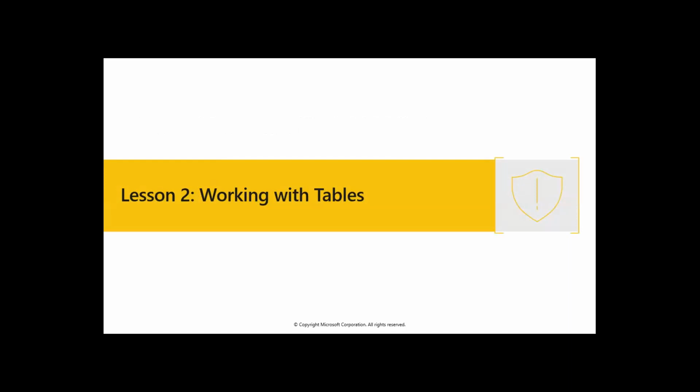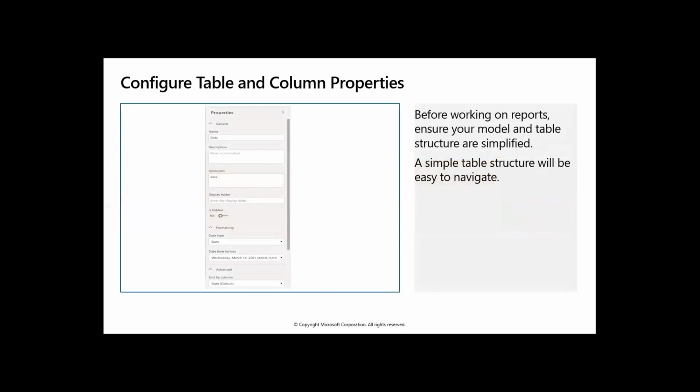Quickly, working with tables. When you are working with your tables, this is what you do: configure table and column properties. Before working on reports, ensure your model and table structures are simplified. A simple table structure will be easy to navigate. You give it a proper description.